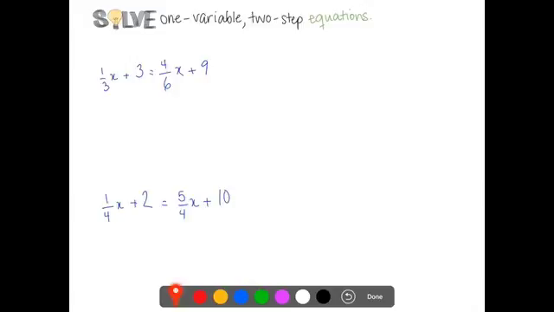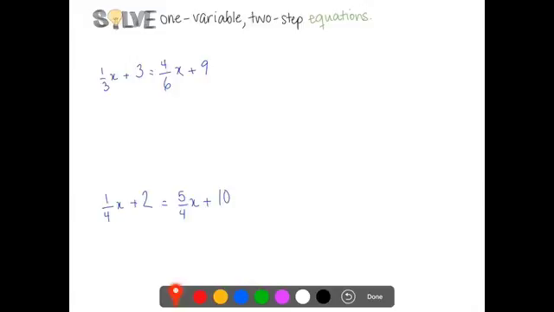So instead of the x here that's being multiplied, I'm going to replace that by a negative 18, and same thing on the other side. And then I'm just going to simplify. Negative 18 thirds here plus 3, and then negative 18 times 4 over 6 plus 9.